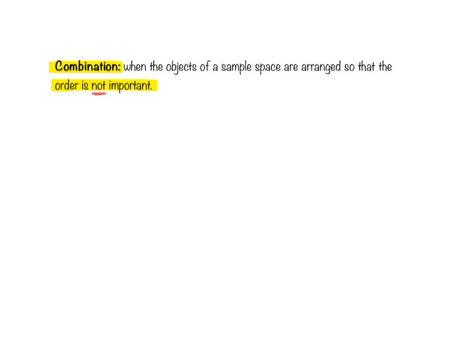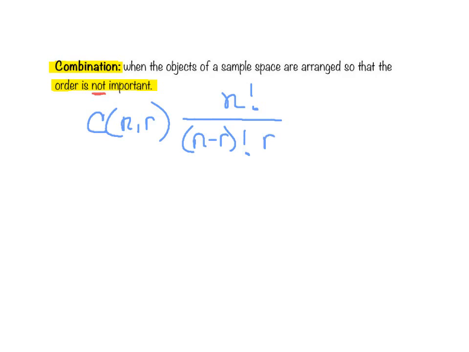If I have a combination of n items taken r at a time, you would do n factorial divided by n minus r factorial. Looks just like a permutation, except we're also going to multiply by r factorial in the denominator.